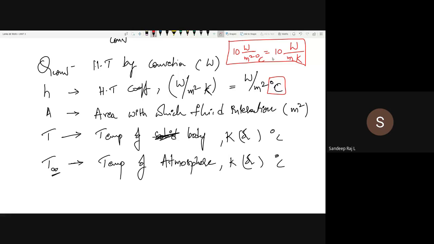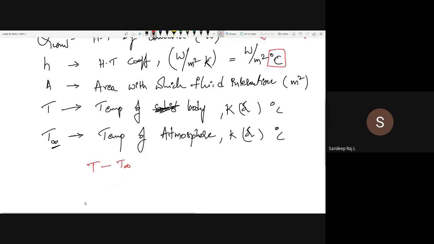Both are equal because what we are interested in here is T minus T infinity. Degree centigrade minus degree centigrade will give you some value. Kelvin minus Kelvin also will give you the same value, because if you convert, you will have plus 273 here and minus 273 here. Both will get cancelled.